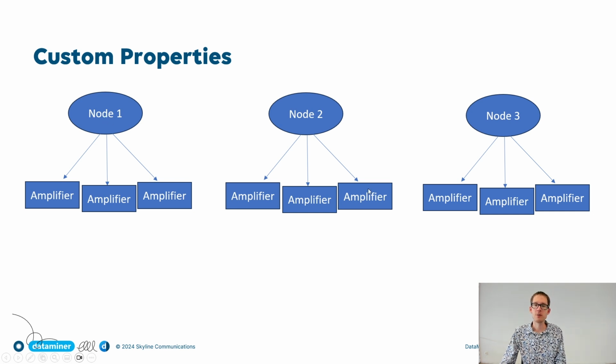Similarly, you can make sure that the alarms on these amplifiers also have this parent node property set to node 2. And finally, you can make sure that all of the amplifier alarms here also have an alarm property called parent node with value node 3. Next, you can then configure incident tracking to automatically group alarms that have the same alarm property value, i.e. that have the same parent node. And that way you can accomplish what you want.